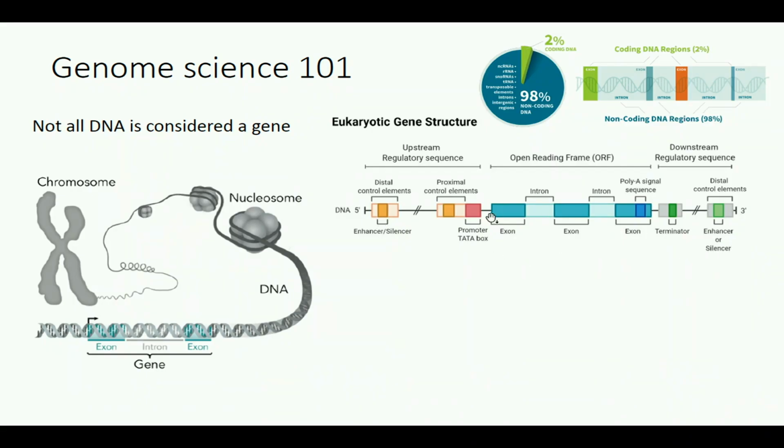Upstream or downstream of the open reading frame there are very important regulatory components. For example, the promoter, which we believe triggers the start of transcription and signals important proteins to bind to the DNA and start transcription.